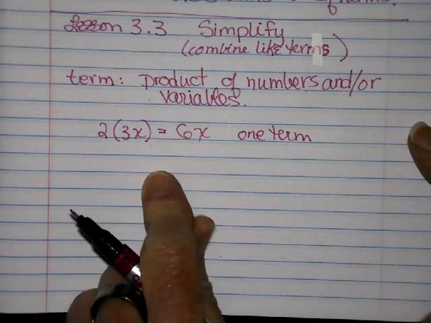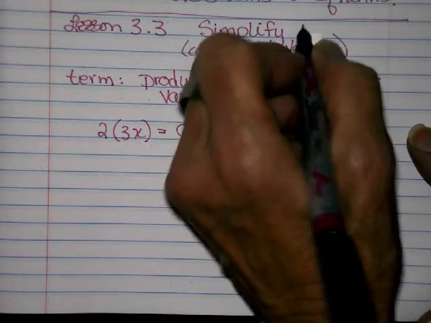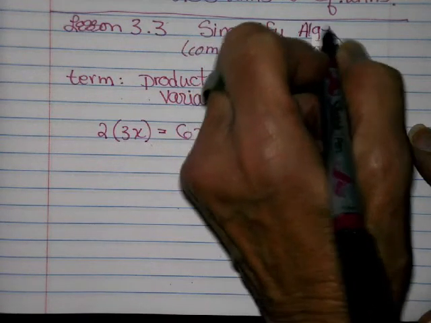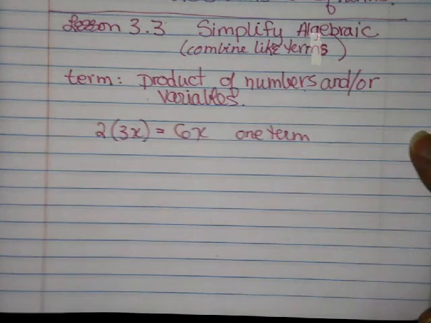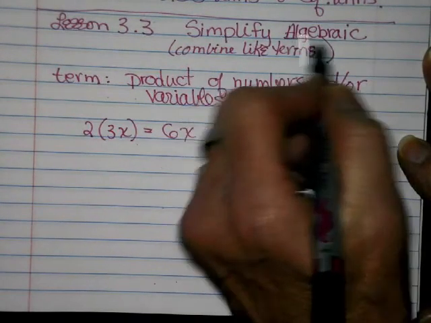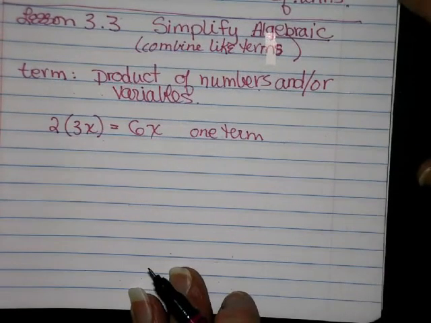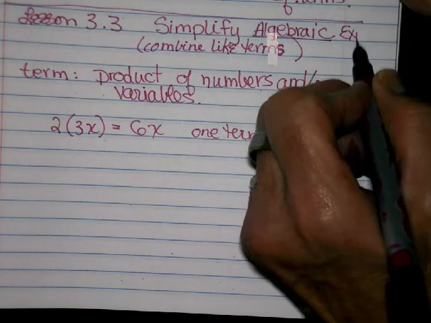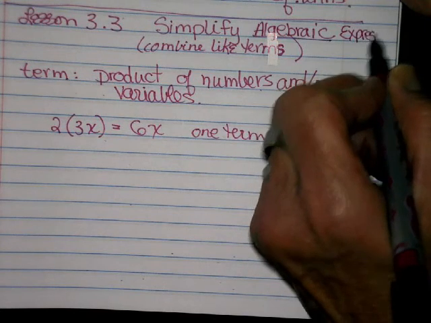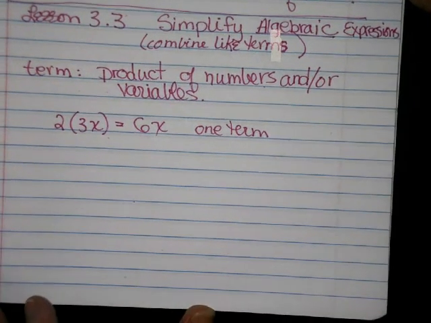So you just simplified your algebraic expression. The word algebraic, A-L-G-E-B-R-A-I-C, means there's variables, not just numbers. So we're simplifying algebraic expressions.